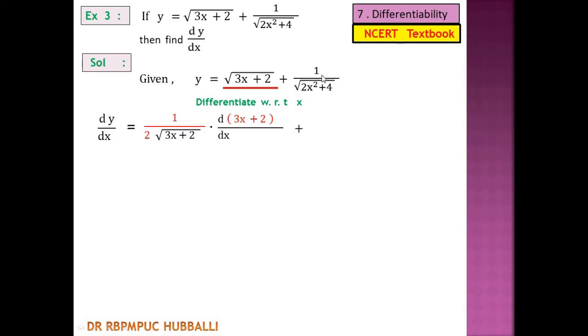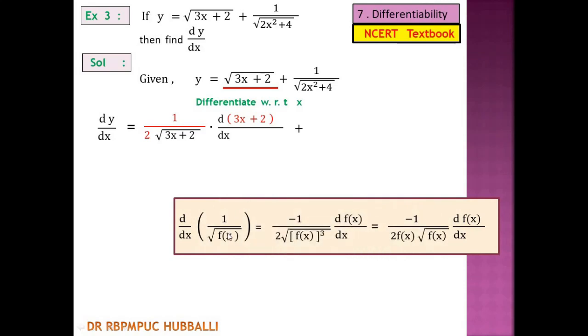Now this function's derivative. This function is what I just discussed, 1 upon root f of x. It is written as minus half, that is minus 1 by 2 root cube of this term, that is 2x square plus 4 whole cube, into d by dx of the bracket function, that is 2x square plus 4.